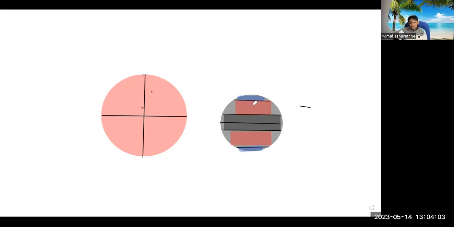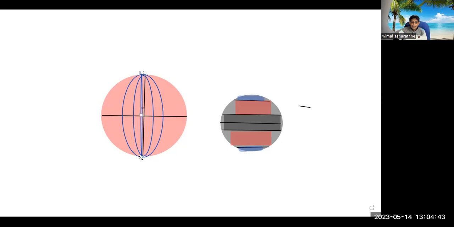We use latitudes to divide the climatic zones, and we use latitudes and longitudes to identify the location of countries, and we use longitudes to calculate the time difference. We know that the time differs from country to country in the world. We calculate that time difference using longitudes.